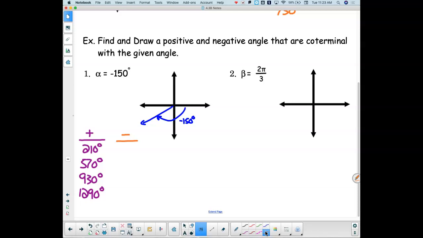So then let's go with 410, 510, 1170, 1230, 1530, 1590.